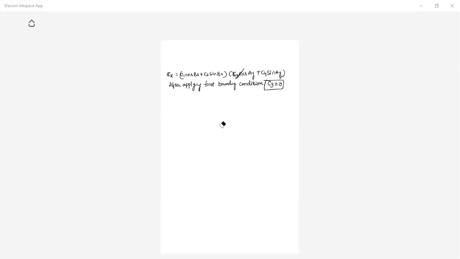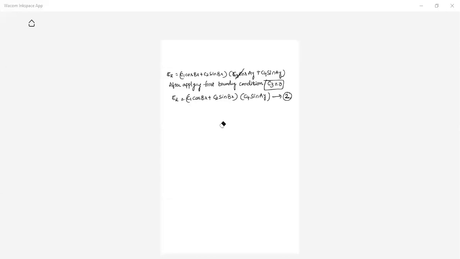So we can write Ez is equal to C1 cos bx plus C2 sin bx into C4 sin ay. Let us write it as equation number 2.